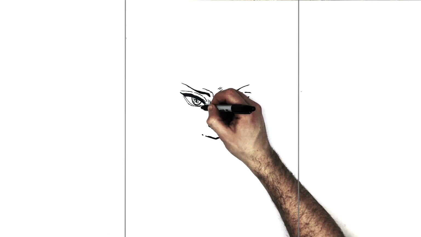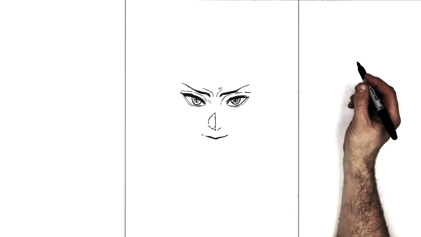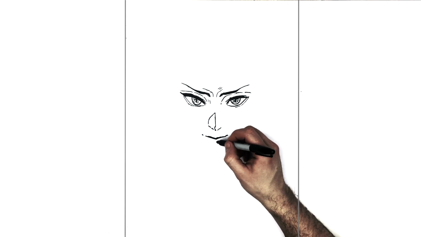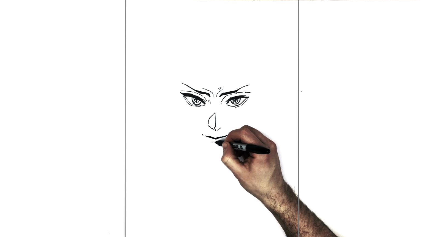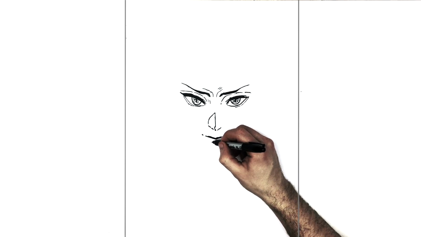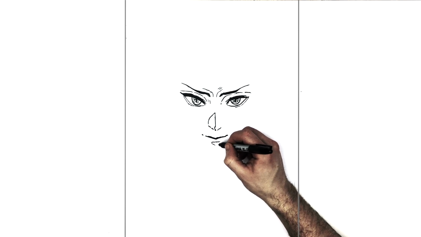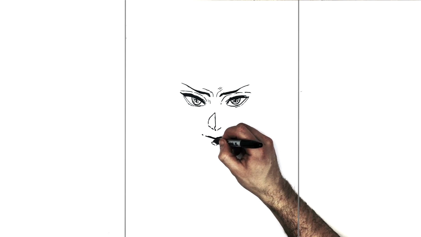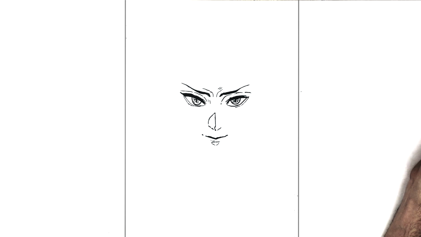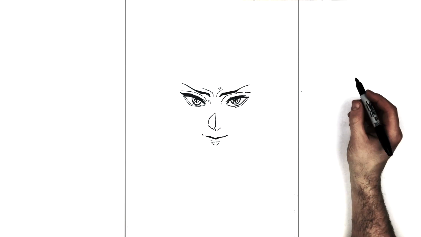That's how far in we go. And then we just have a line for his bottom lip, just underneath. And kind of a shadow line in there as well. And maybe a line above that as well. Little details like that add character to his face.